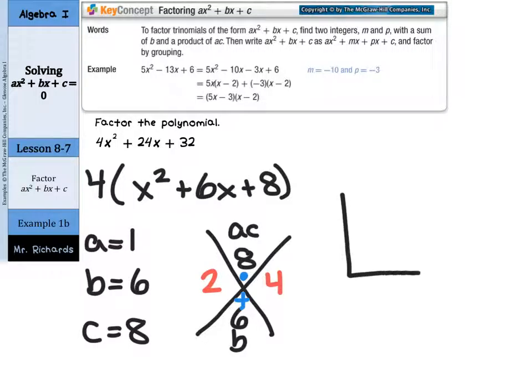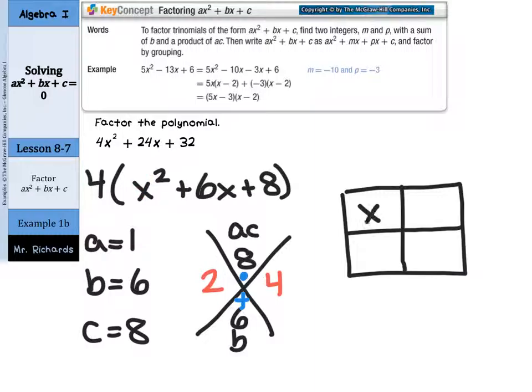Now as we move on to the box portion of this, my first term isn't the 4x squared, it's this thing, so it's going to be x squared. Last term is 8. And then my two other terms, the 2x and the 4x. And if you remember from the previous video, the order in which you put in the 2x and the 4x does not matter.